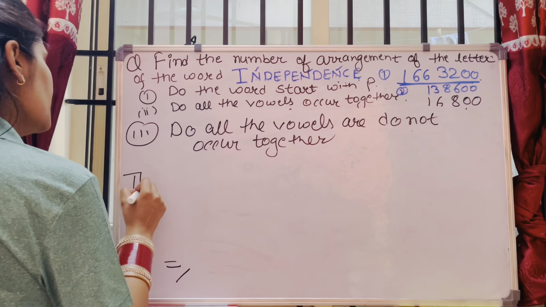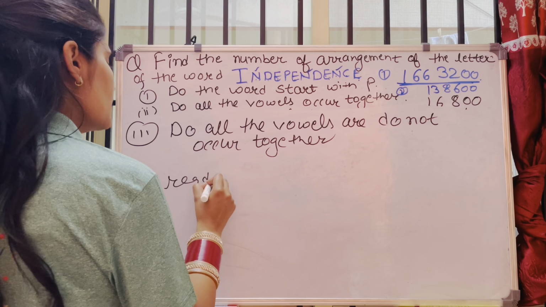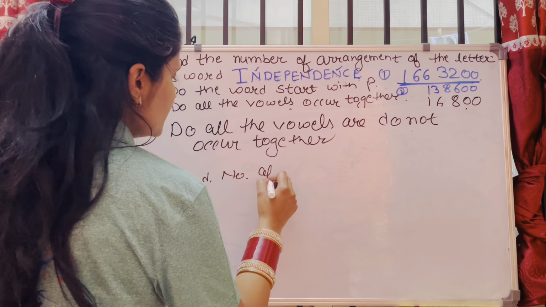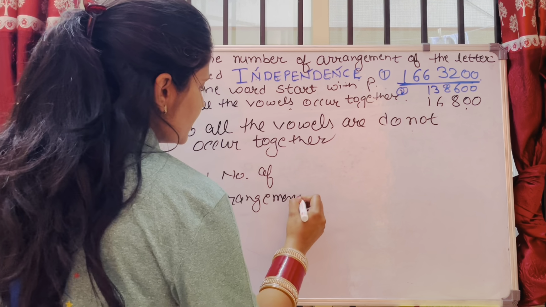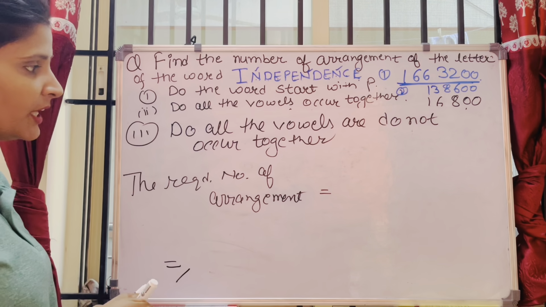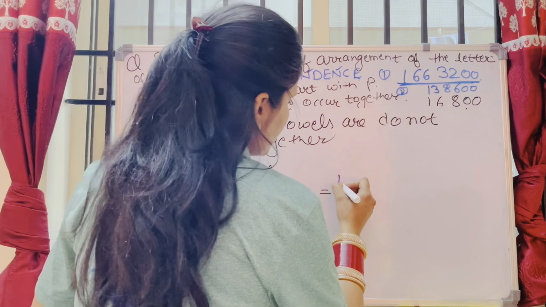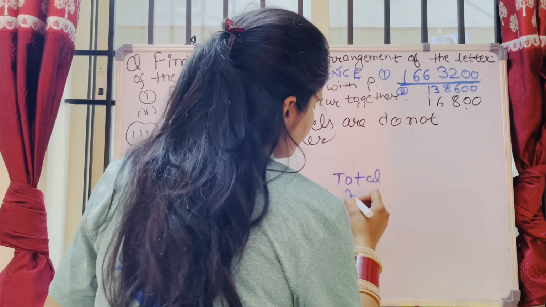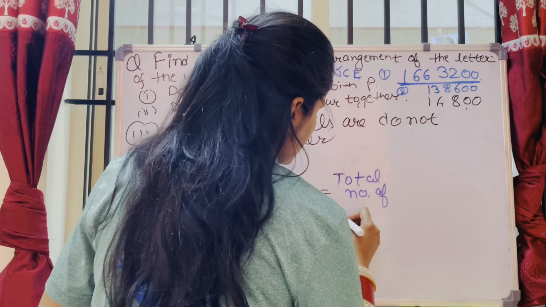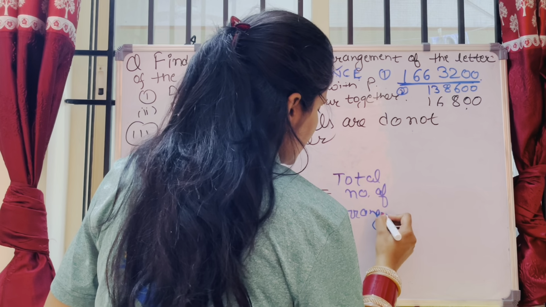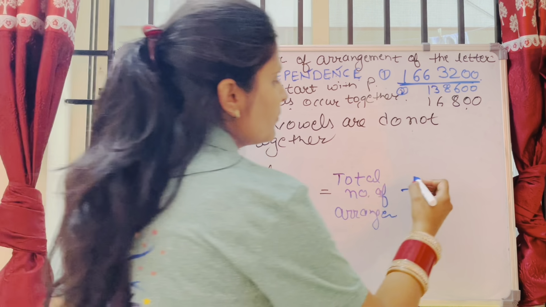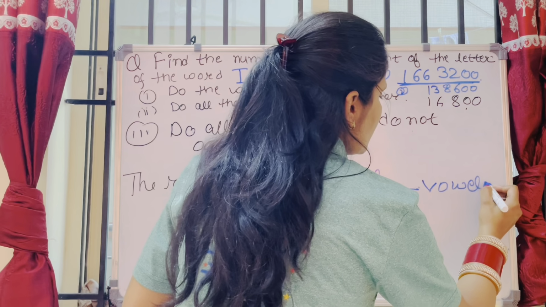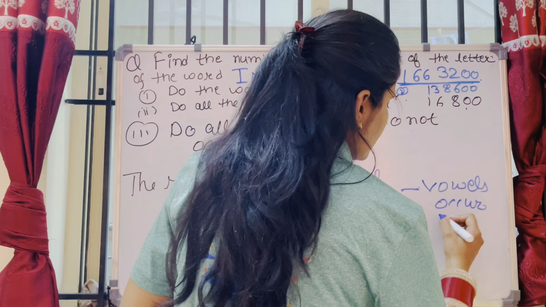So the required number of arrangements when all vowels do not occur together is equal to the total number of arrangements minus the total number of arrangements when all vowels occur together.